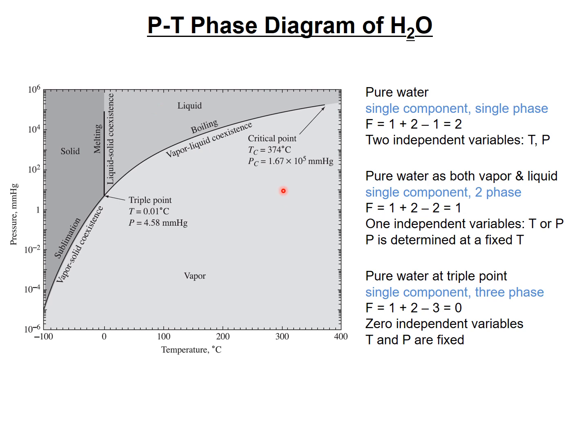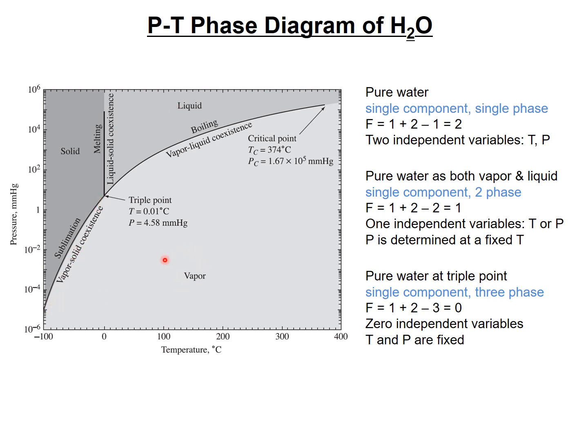Between the liquid region, vapor region, and solid region, you find some lines or curves. Let me start with this one. In this line, you can find vapor and liquid coexisting at equilibrium. So this is the coexistence line between V and L. How about this line?